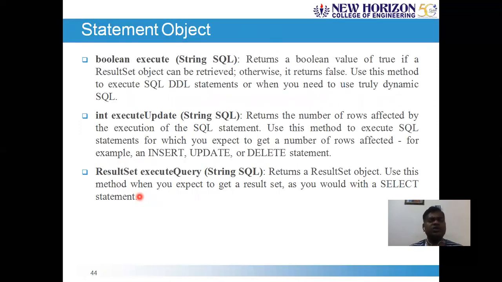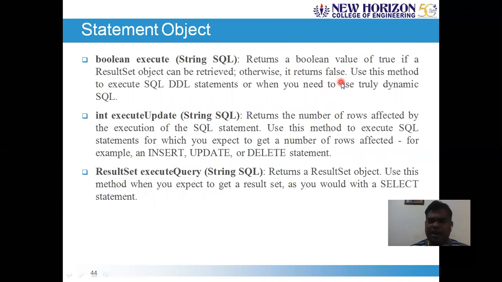And what do executeUpdate and executeQuery do? Of course, the execute library function takes a query to be executed. It returns a boolean value: if any data is there as part of the result set object, then it returns true. Otherwise, it returns false.